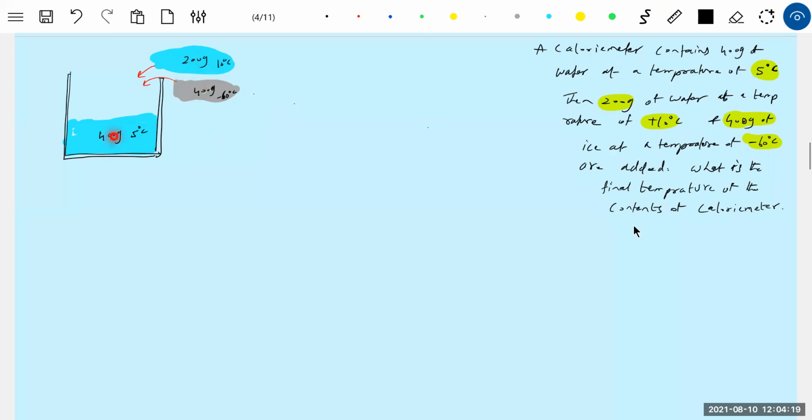This 400 gram of water in the calorimeter will interact with this 200, and with the ice. All three will interact simultaneously here. There's a very important thing. So what is the final temperature of the contents of the calorimeter?